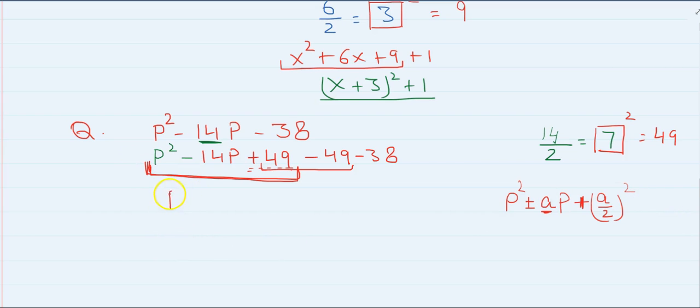So its answer will be p, and this sign will come here, minus. When we divided 14 by 2, what did we get? 7. So this is p minus 7 square up to here, minus 87.